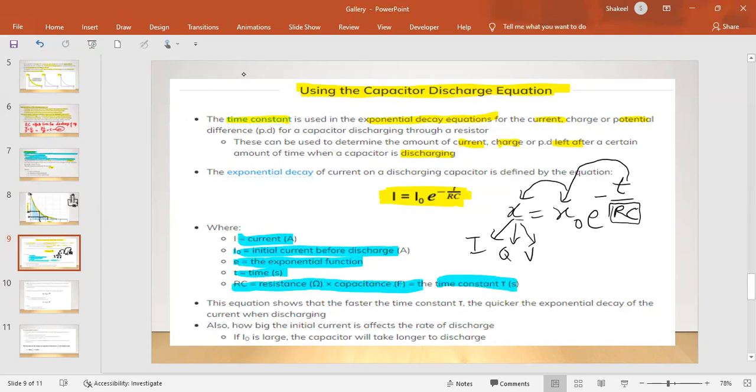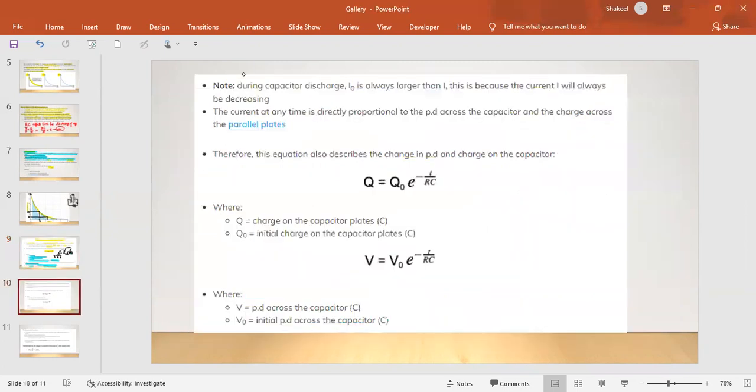So this equation shows that the smaller the time constant, the quicker the exponential decay of the current while discharging. Also, how big the initial current is affects the rate of discharge. If I naught is large, the capacitor will take longer to discharge. It's obvious: if I naught is large, it means more charge is stored on the capacitor and it will take longer to discharge.